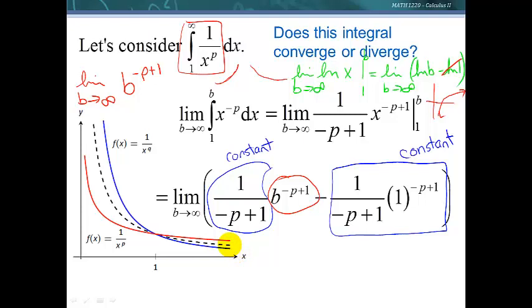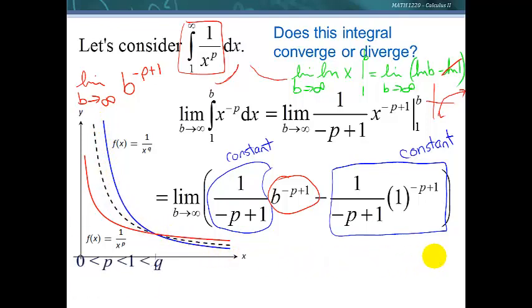And for any value when p is less than 1, we would have something like this red curve, and that's also going to diverge even though the function is decreasing. And then for anything where it's greater than 1, that's like our blue graph, it will converge.